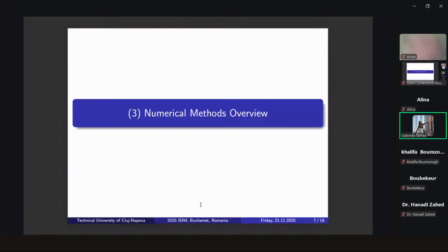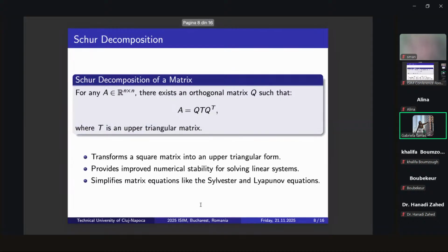Next, let's talk about the numerical methods we implemented in MATLAB. After understanding the equations, the next step is to see how we can solve them. One common approach is to use Schur decomposition.